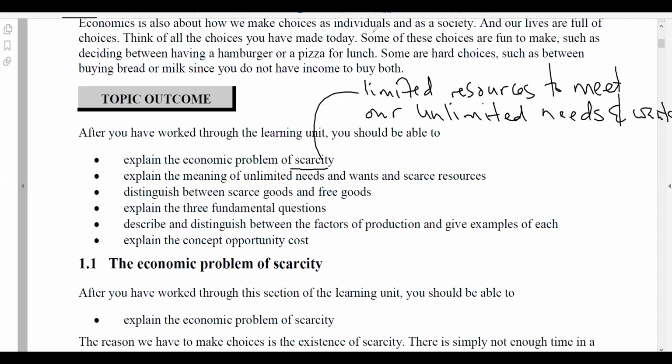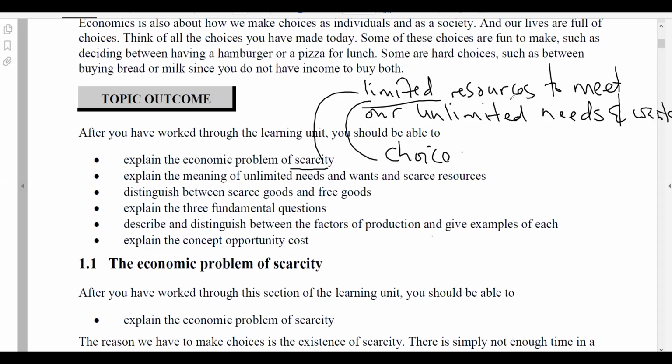So, just developing this concept a little bit further, if we are presented with limited resources, that means we have to make a choice, right?